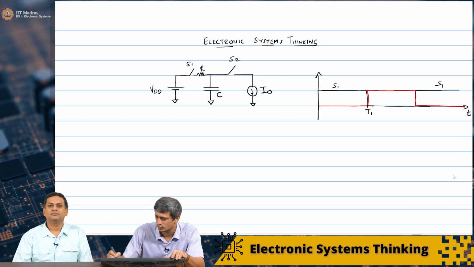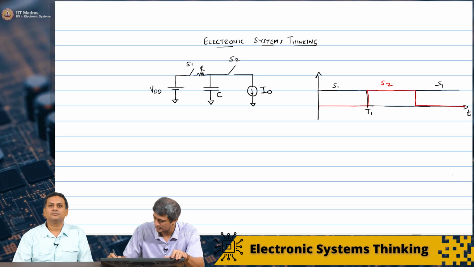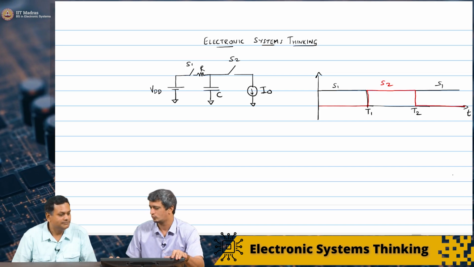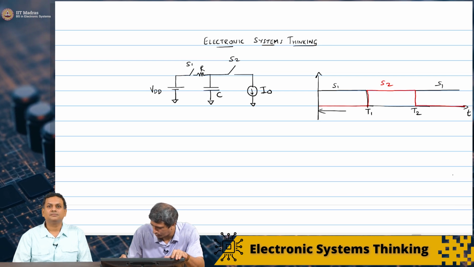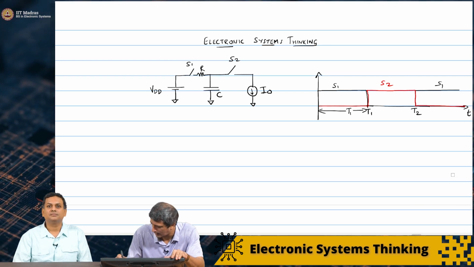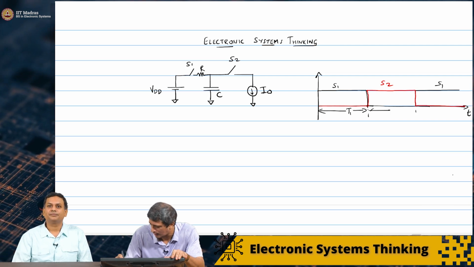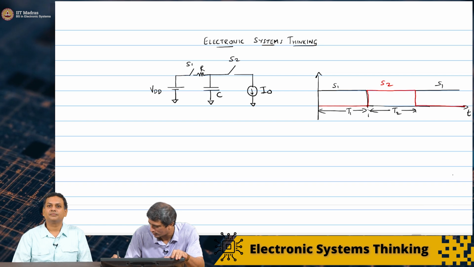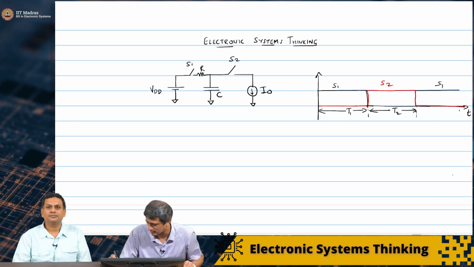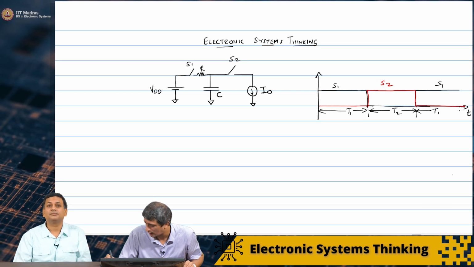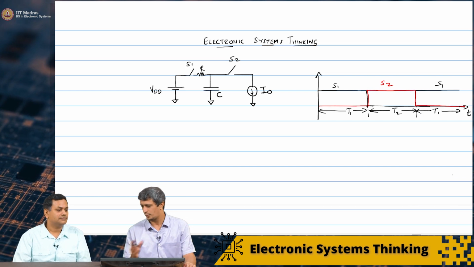So this is S1, this is S2, and this is time T1, and this is time T2. And then it repeats periodically like this.